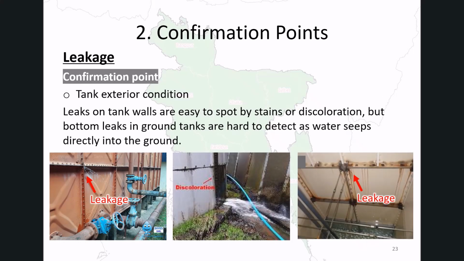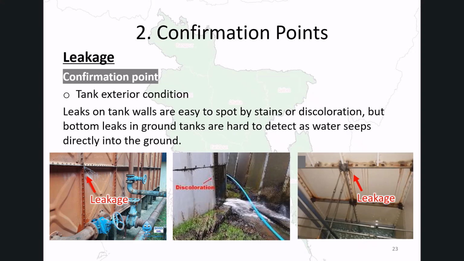Leakage is assessed by visually inspecting the tank's exterior, and appropriate actions are determined based on the observed condition. Leakage on the side walls of a tank is relatively easy to identify through discoloration or staining.